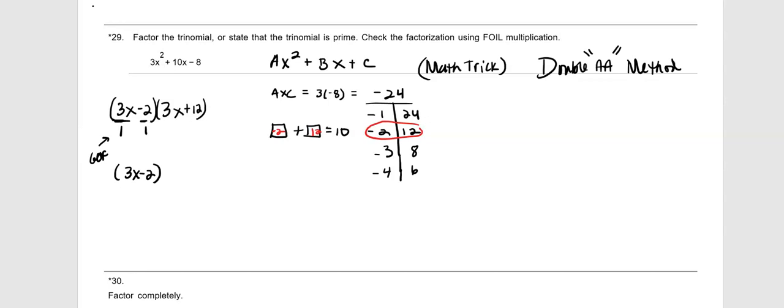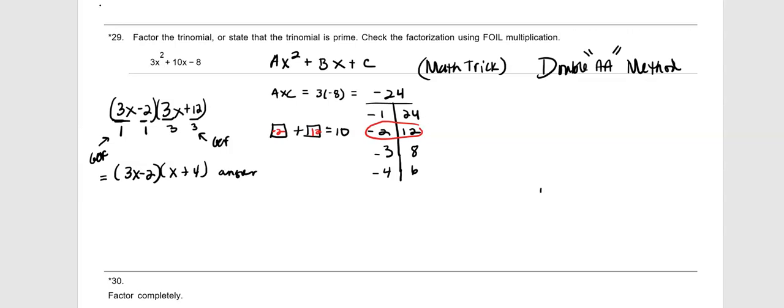Nothing changes. The GCF of 3 and 12 is 3. When I divide by 3, that leaves me with x plus 4. And that is the answer.